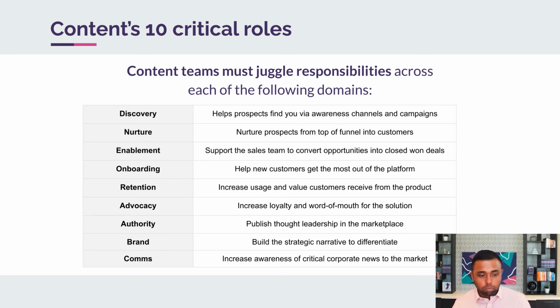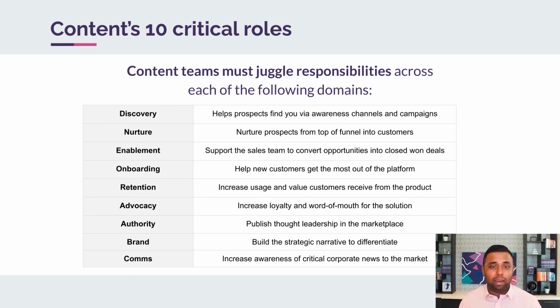Next is brand, and brand is connected to that authority piece, where authority might be the thought leadership content, and brand is about what is your positioning and messaging and strategic narrative and how that connects to the rest of the marketplace and how you differentiate yourselves against competitors and other solutions that are out there. And then the last piece is comms work, and this is more admin tasks associated with the marketing organization, but it really just does fall on the shoulders of content.